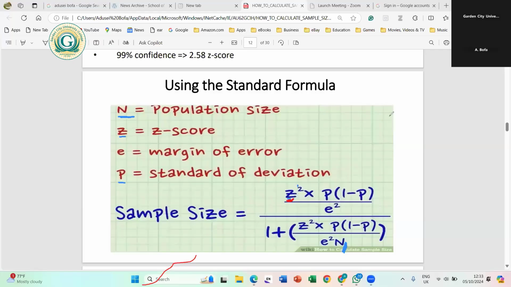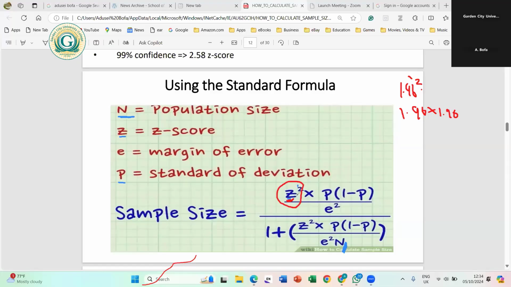For example, let's say I'm using 95%, then the z-score will be 1.96 squared. The moment you see square, it means the number multiplies itself. So it's going to be 1.96 times 1.96. Whatever you get, you can write it here.